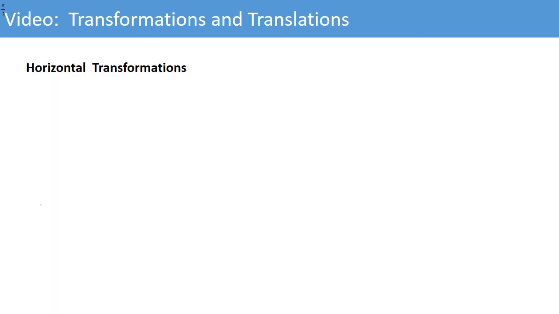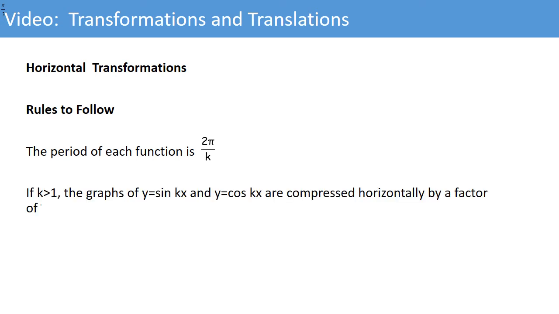So what are the rules? The period of each function is 2 pi over k. If k is greater than 1, the graphs of y equals sine kx and y equals cos kx are compressed horizontally by a factor of 1 over k.